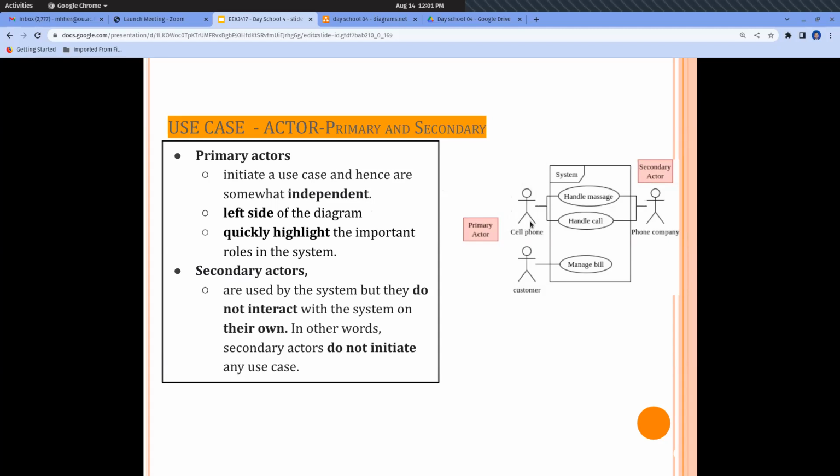Messages are sent by cell phone, calls are sent by cell phone, and the customer initiates this. After interacting with the primary actors, secondary actors will respond to those interactions and needs. The left side of the diagram quickly highlights the important roles in the system.